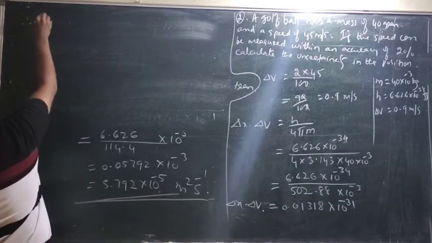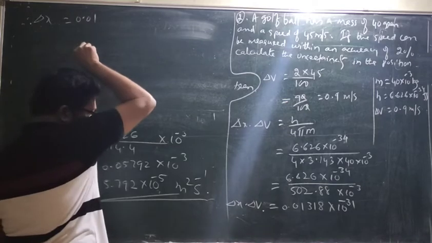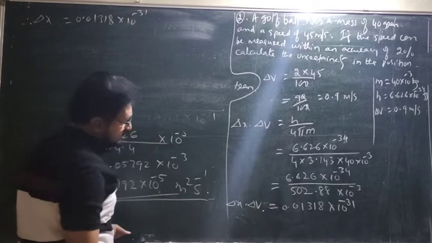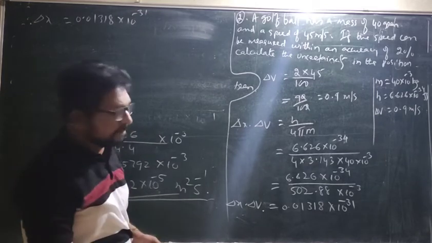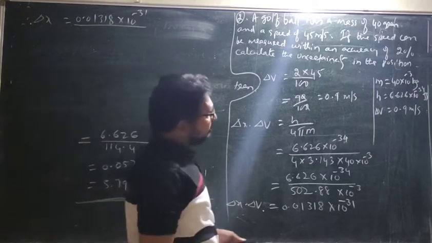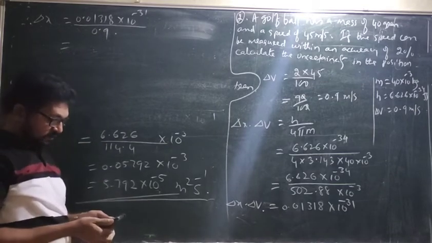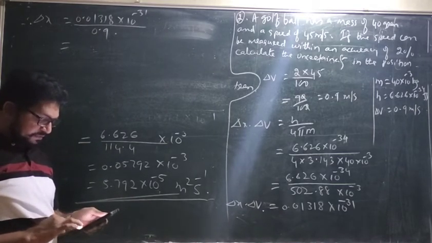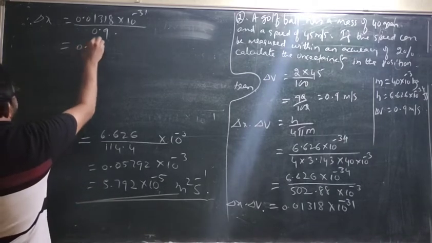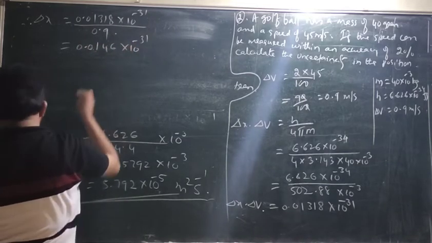Now delta x is equal to 0.01318 into 10 raised to minus 31 divided by delta v. What is delta v? 0.9. Divided by 0.9. This is 0.0146 into 10 raised to minus 31.